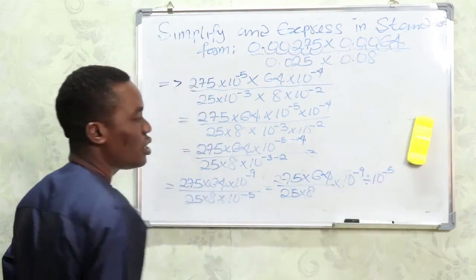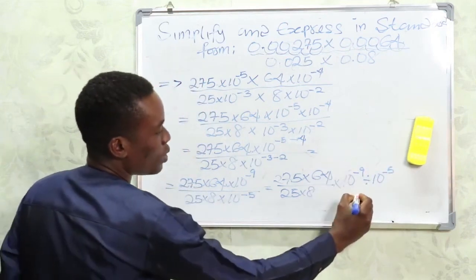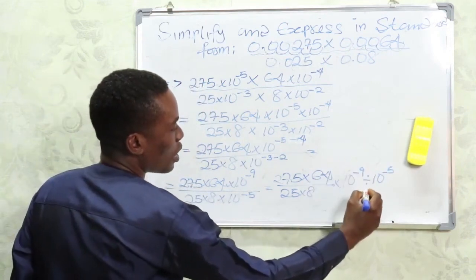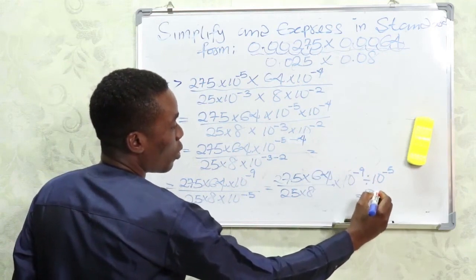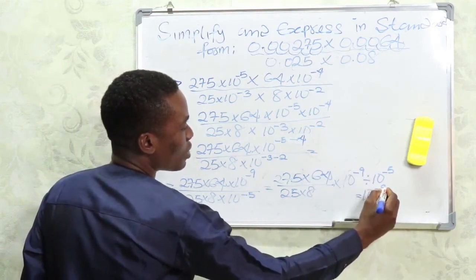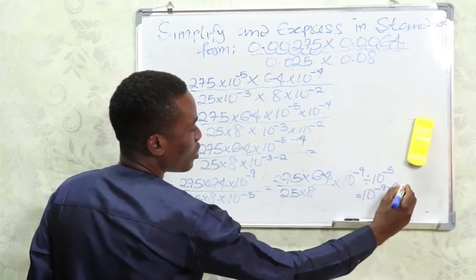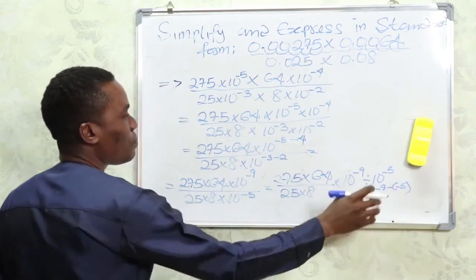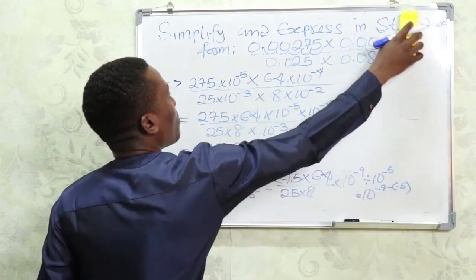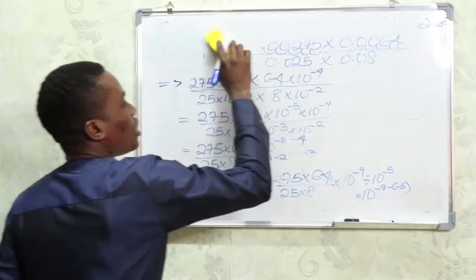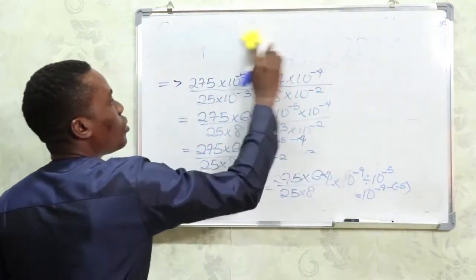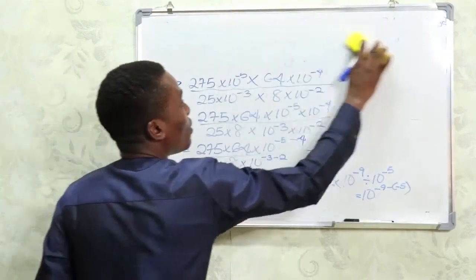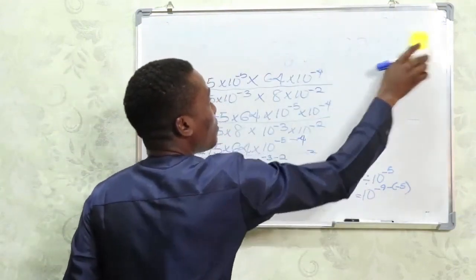So now, according to indices, this will be equal to 10 raised to power, the quotient law in indices, minus 9 minus bracket minus 5. Now we'll simplify this further. If we want to simplify this further, it will give us a value which I want us to look into now.